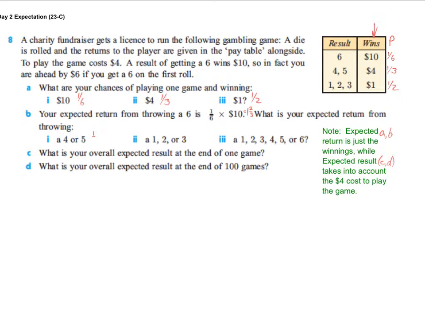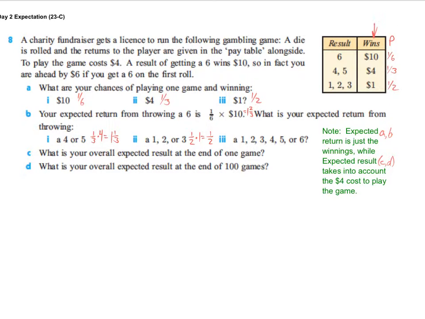So it's 1/3 times, what's the outcome if you roll a 4 or a 5? $4. So this would equal 1 1/3. What about rolling a 1, 2, or 3? Well, you have a 1/2 chance, and what do you get if you roll a 1, 2, or 3? $1. So it's 1/2.